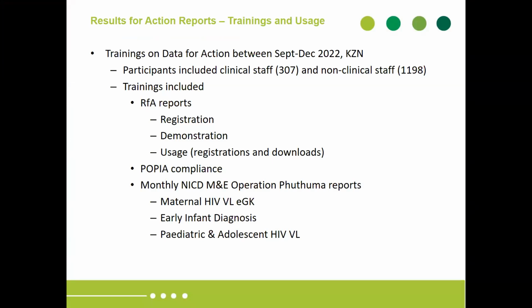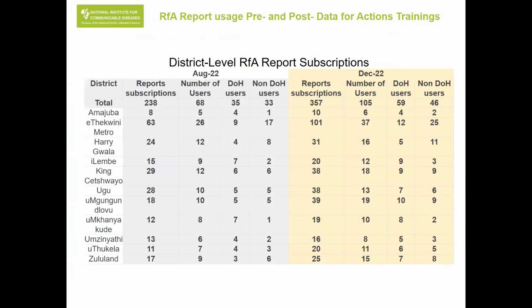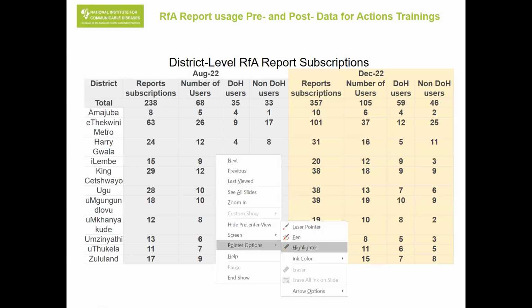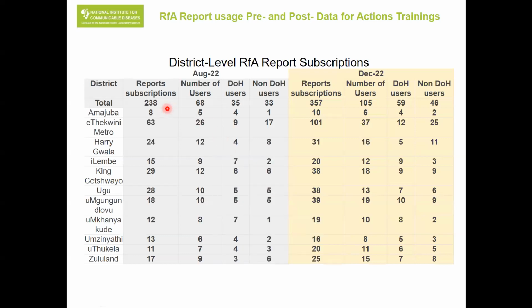We went through the trainings, and we certainly have seen some traction. This is the district level report for KZN. Their subscriptions went from 238 district level reports to 357 report subscriptions, and this is broken down per district.